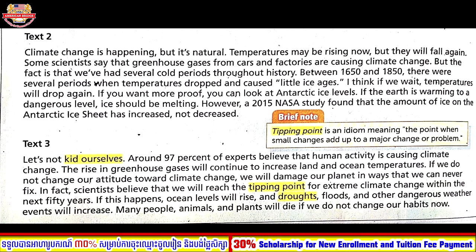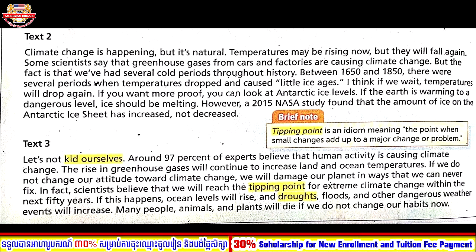Between 1650 and 1850, there were several periods when temperatures dropped and caused little ice ages. I think if we wait, temperatures will drop again. If you want more proof, you can look at Antarctic ice levels. If the Earth is warming to a dangerous level, ice should be melting. However, a 2015 NASA study found that the amount of ice on the Antarctic ice sheet has increased, not decreased.